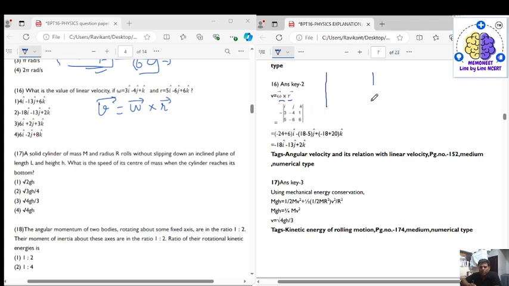We draw the determinant. Here it's i cap, j cap, k cap. First is omega, so let's write the components of omega. Here it is 3, then minus 4, then 1. Then for r it is 5, minus 6 and plus 6.